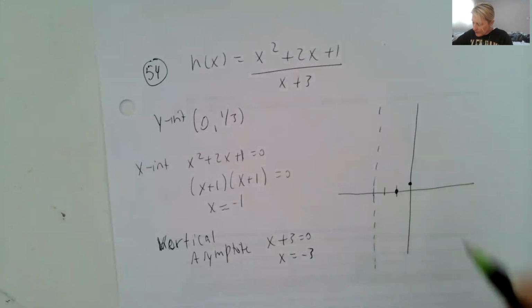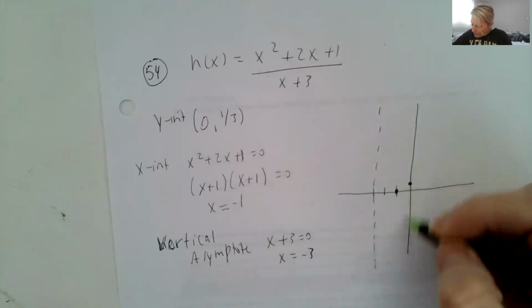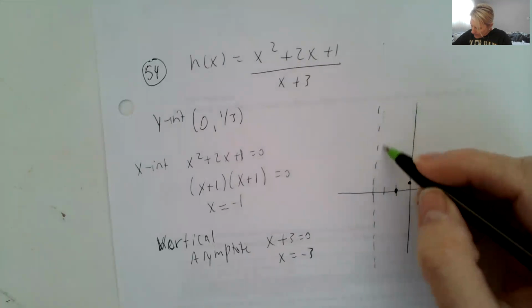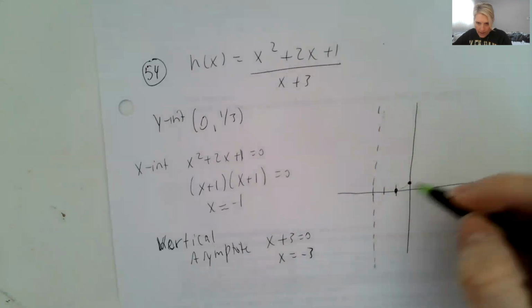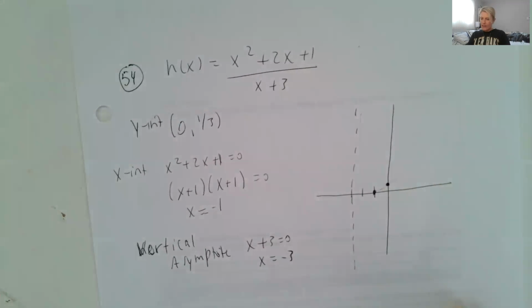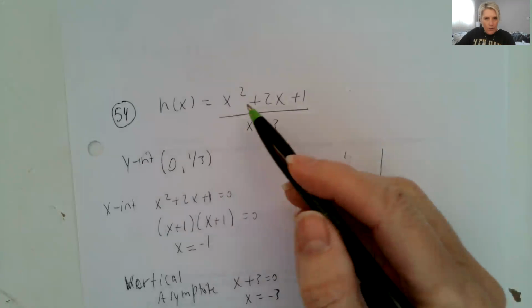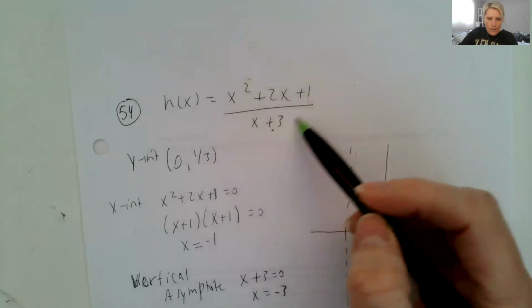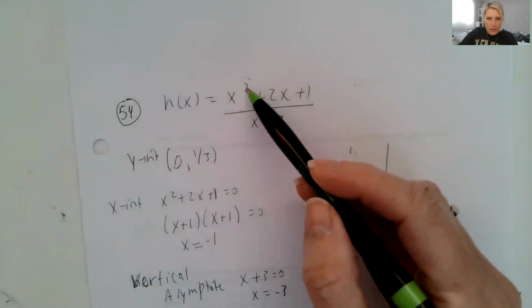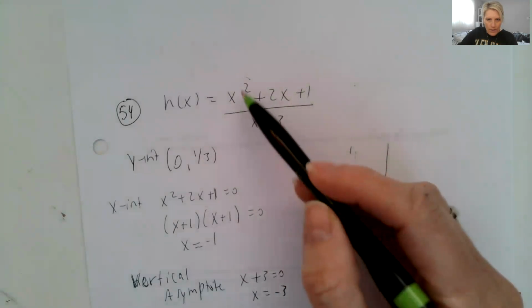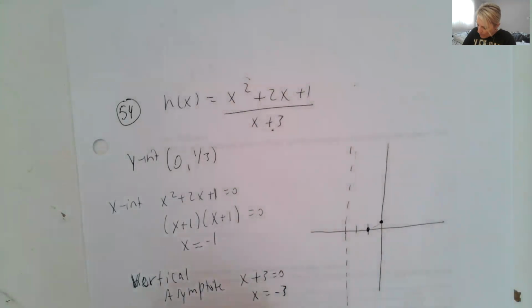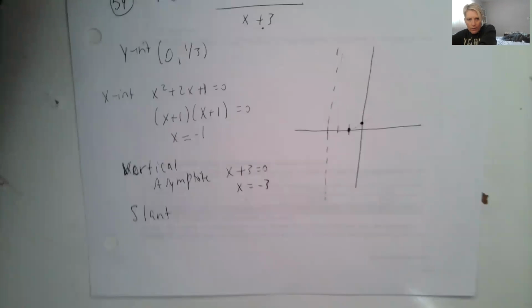And this is a touch, so we still don't know if it's going to go one way or the other. I'm guessing it's going to go like this and slant that way. Okay, well, let's just guess. And the horizontal asymptote is going to be a slant because there's no horizontal, but it's a slant because 2 minus 1 is 1. The difference between our degrees is 1. So there's a slant asymptote. So slant, let's figure out what that is.